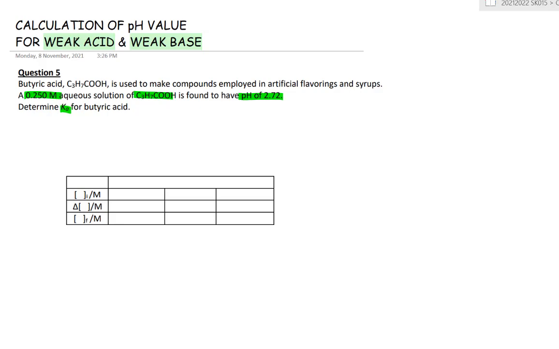So first of all, you need to convert this pH value. If the pH value is given, that means it has already given you the information of the concentration of H+. So the pH formula, pH equals negative log concentration of H+ or H3O+, which equals 2.72.